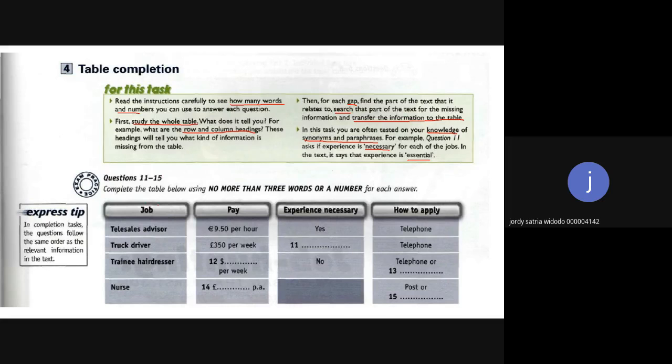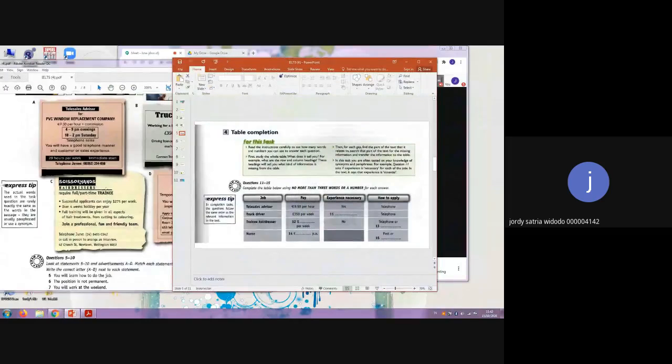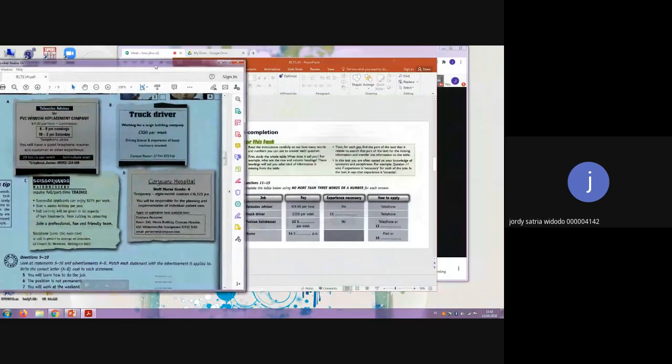Okay, let's read the table. You've got the job, then the payment or the salary, then whether experience is necessary, yes or no, and how to apply. Okay, so we are going to go to the article here.